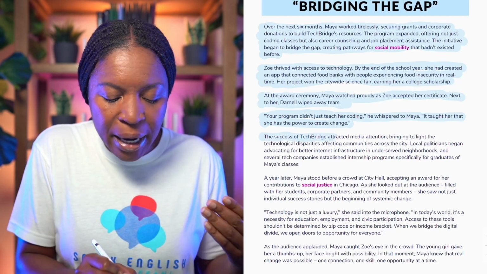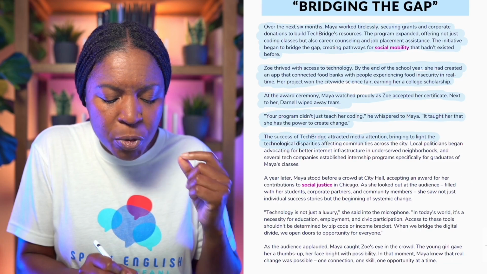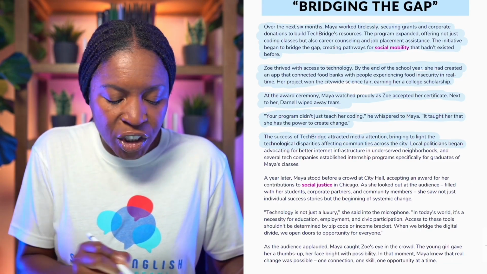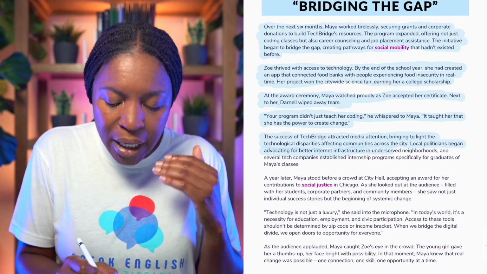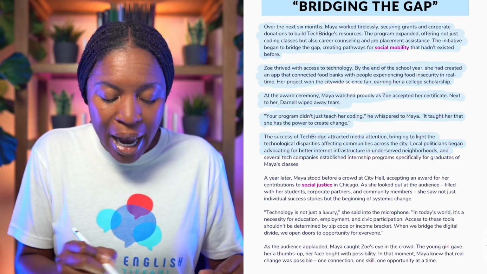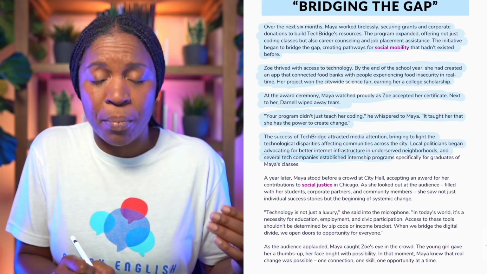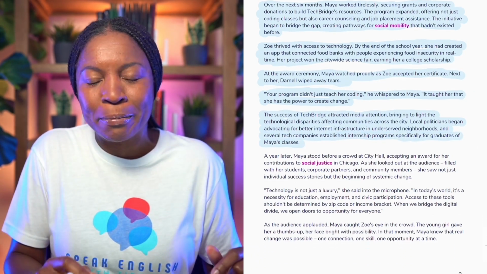The success of TechBridge attracted media attention, bringing to light the technological disparities affecting communities across the city. Local politicians began advocating for better internet infrastructure in underserved neighborhoods. And several tech companies established internship programs specifically for graduates of Maya's classes.